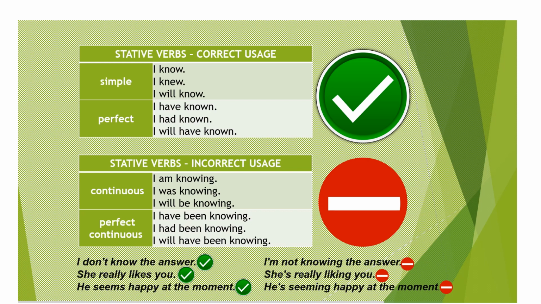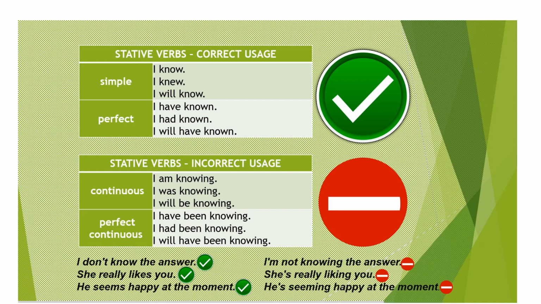Or in the perfect aspect, I could say I have known, I had known, I will have known. But there's a big red mark here. I cannot use I am knowing, I was knowing, I will be knowing. Or in the perfect continuous aspect, I have been knowing, I had been knowing, I will have been knowing.